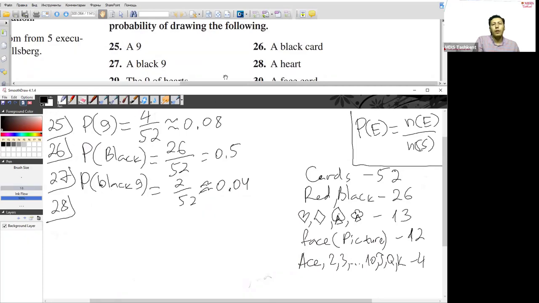28. Now a heart. Probability of getting hearts. How many hearts do we have? 13. So 13 out of 52, or 0.25. 29. And 9 of hearts.